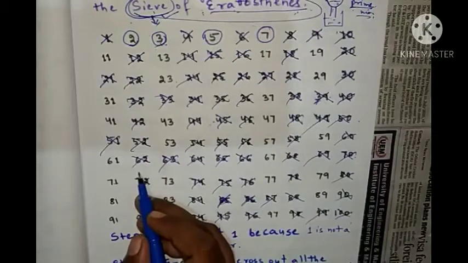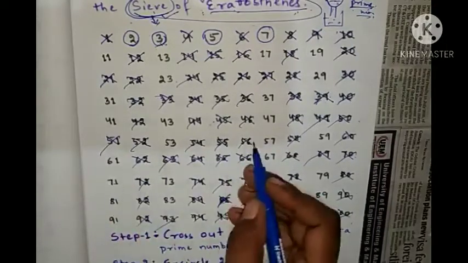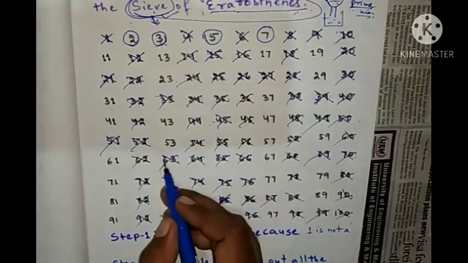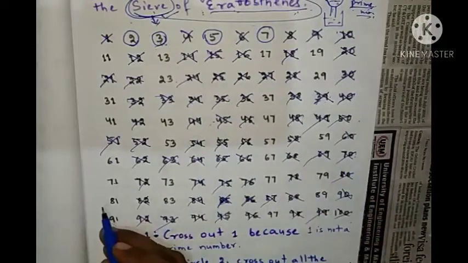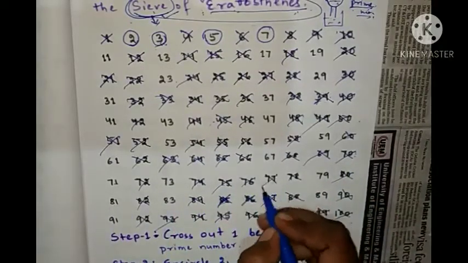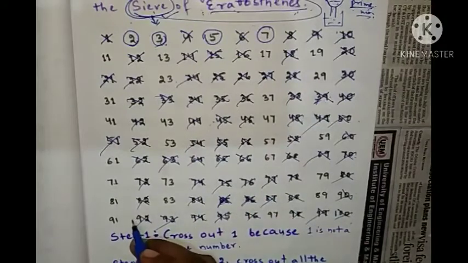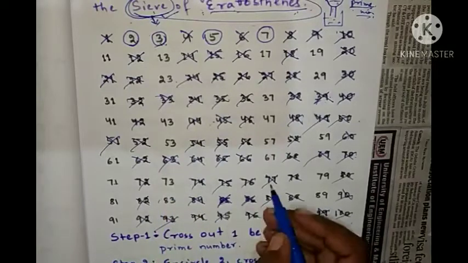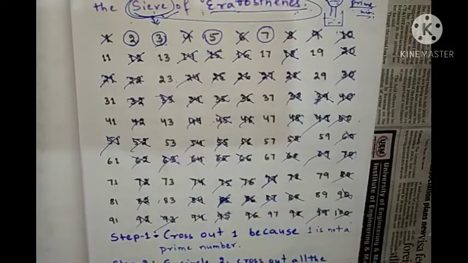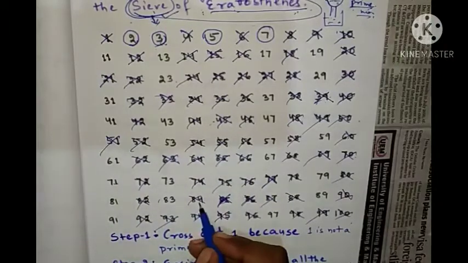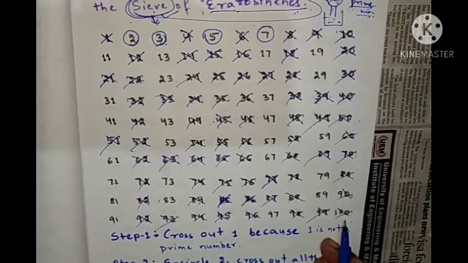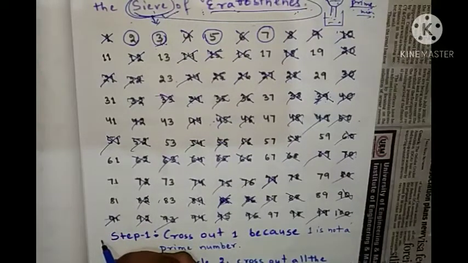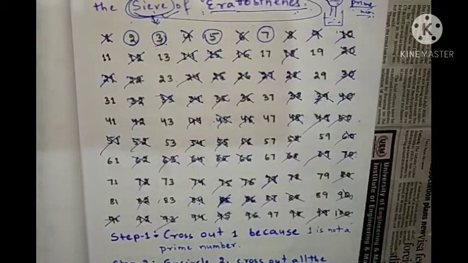Then 56, already done, 63, already done, 70 done, then 77, 84 done, 7 into 13 is 91 done, then 7 into 14 is 98, already done.